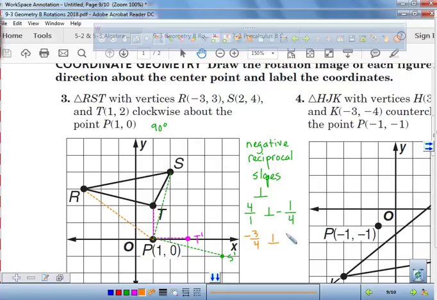The negative reciprocal. And what's the reciprocal of 3 over 4? 4 over 3. By the way, negative reciprocals, you're not going to see this in the math textbook. They're called flipping opposites. You flip them and you make the sign the opposite of what it is.